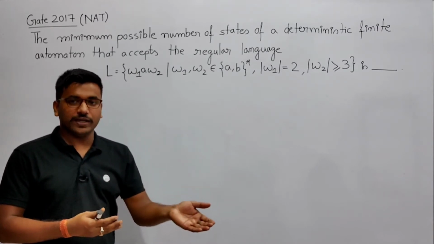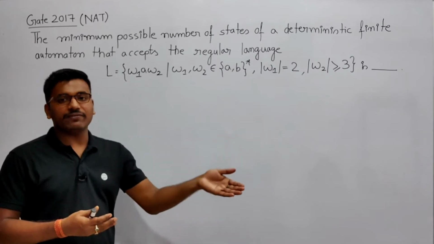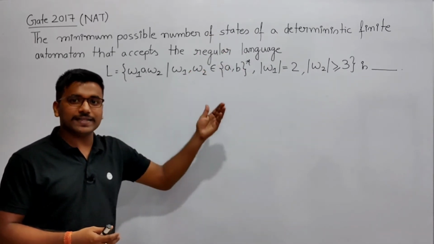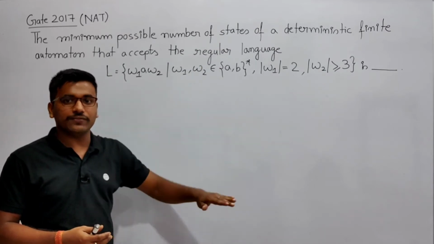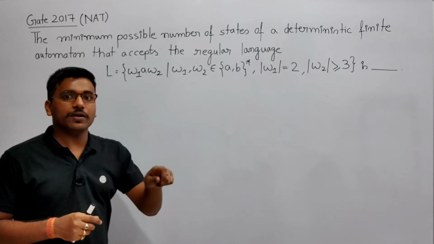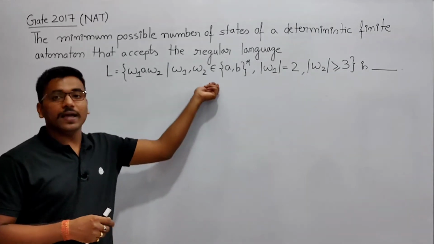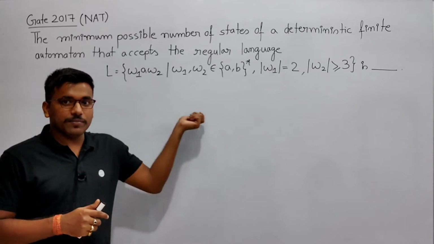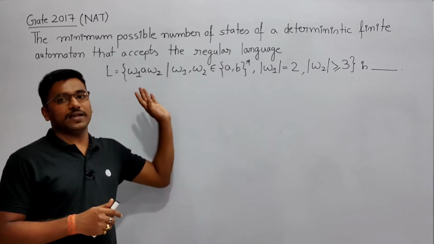So since they are already saying it is a regular language, you can give a DFA. Now they are asking what is going to be the minimum number of states in the DFA. Means for this you need to construct a minimal DFA, then say the number of states required for this language.